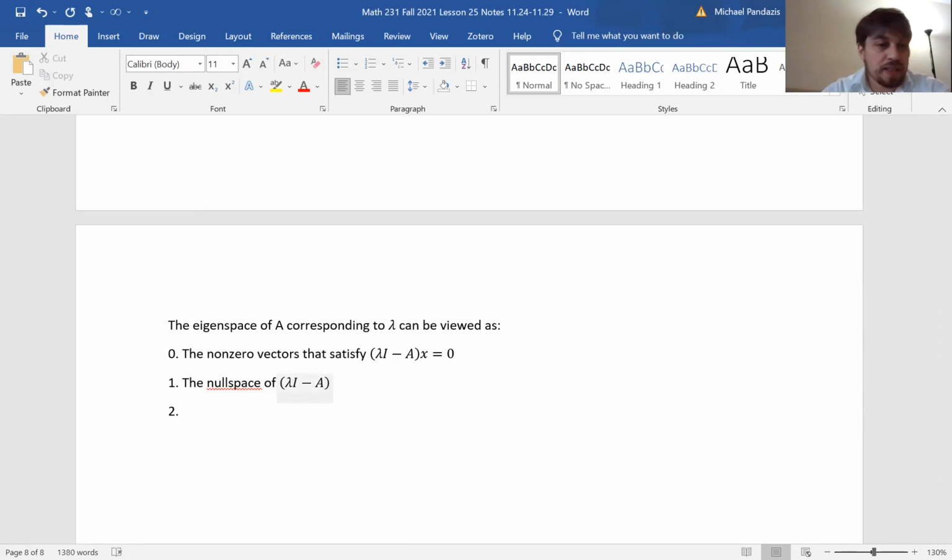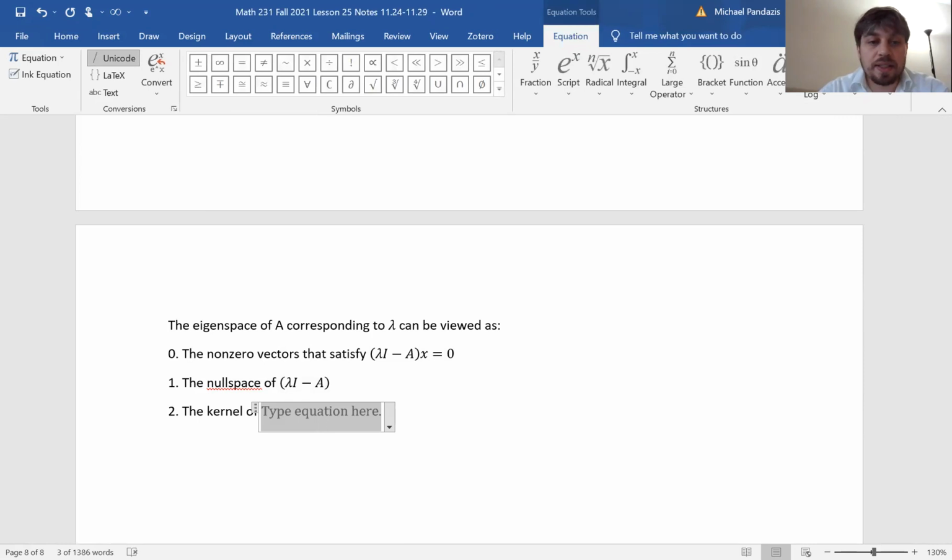Okay, so these are the things that left multiplication by this matrix sends to 0. Way 2 is the kernel of T sub lambda I minus A, same idea.